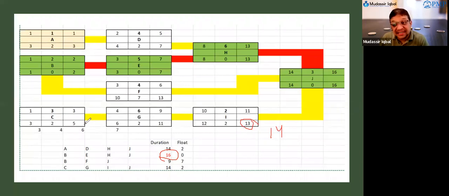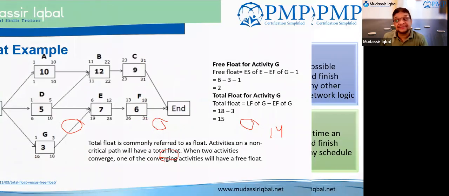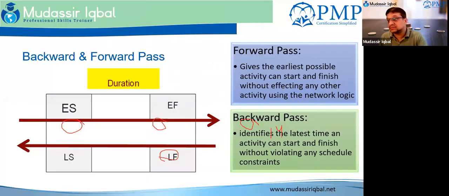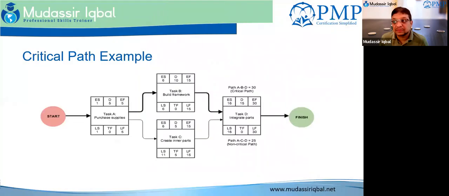So once this constraint is violated, we would have a negative float in our hand. So this is a critical path activity. I am leaving it for you so that you can do this critical path activity on your own, how this is done.